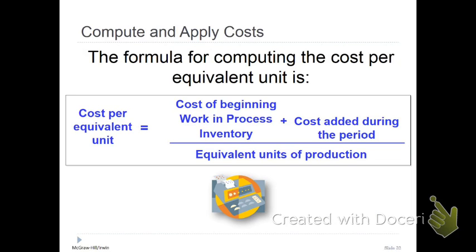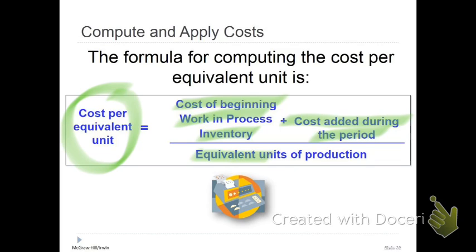So what we need to do to figure out the cost per equivalent unit is we take the cost of the beginning work in process inventory, add to that the costs that were added during the period, and divide it by the equivalent units of production. And we're going to do this for both materials and conversion.